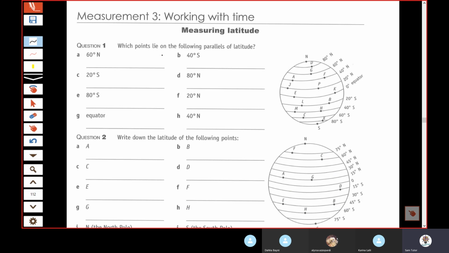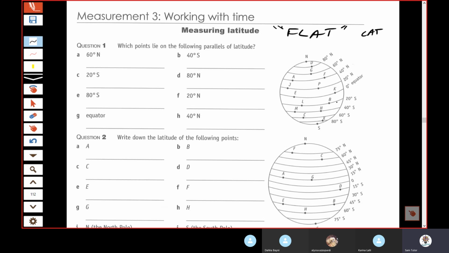Measuring latitude. Which points lie on the following parallels of latitude? 60 degrees north. Latitude is a little bit funny because a lot of students get this mixed up. Some geography teachers teach it as flat for lat. So latitude is flat, so it's horizontal.